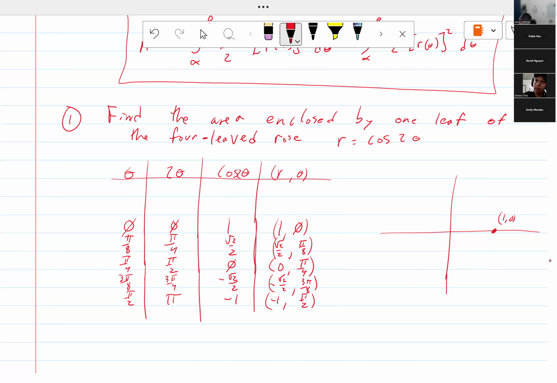Okay, so let's start there and see what's happening with my values here. At 1, I'm at 0. At radical 2 over 2, that's the radius, 0.707, I'm at pi over 8. To get pi over 8, I take pi over 4, which is the 45 degrees, and then cut it in half. That's going to give me pi over 8.